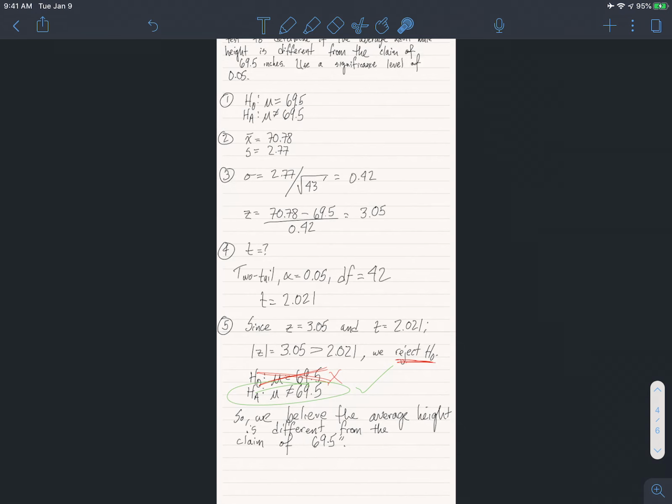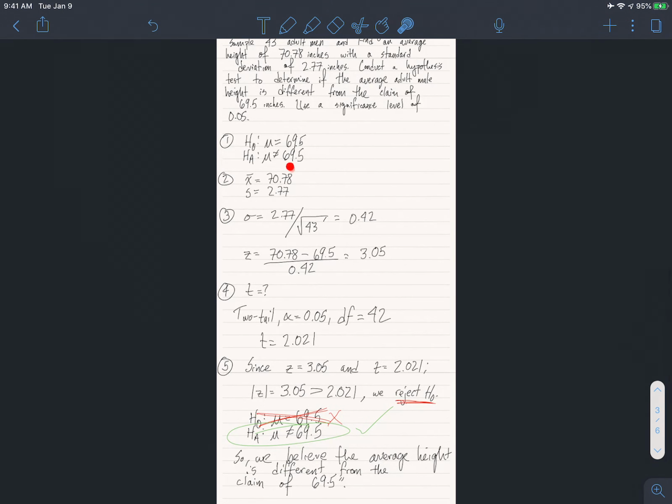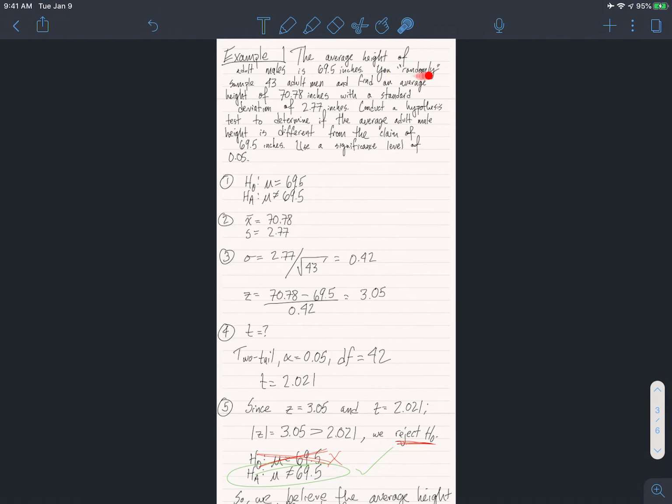What's funny though is the book, this 70.78 actually does not come from a random sample. That's why I put randomly in quotes. This 70.78, these 43 adult men, that's the first 43 presidents of the United States, their heights. So it wasn't even random. And maybe presidents are just in general taller than the average American. Maybe it's easier for a tall person to get elected.